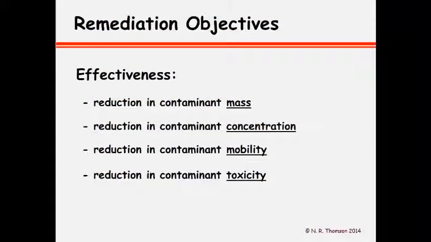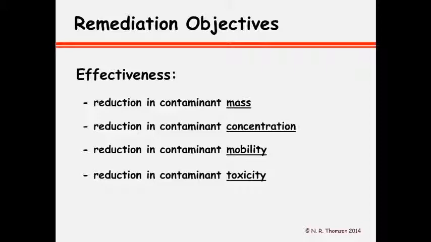So let's first talk about ways to measure the effectiveness of a cleanup technology. One that would produce a real reduction in contaminant mass, a reduction in contaminant concentration, a reduction in contaminant mobility, or a reduction in contaminant toxicity.